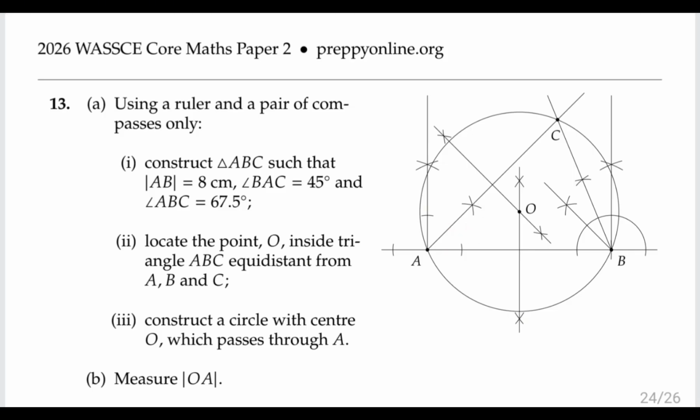So what you do is you stand at A and you draw a perpendicular. You stand here, draw an arc, you stand here, draw another arc, and then you draw a line through A and the intersection of those arcs. That's going to give you 90 degrees here. And then you bisect that 90-degree angle to get this line.